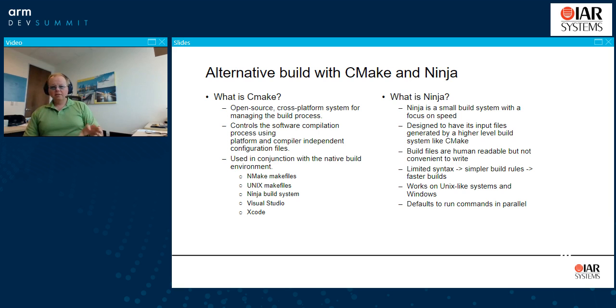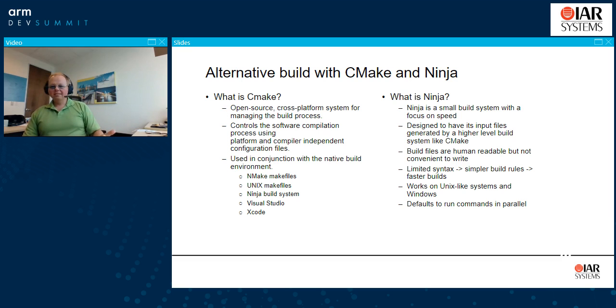It is designed, as I mentioned, to have its files and build processes spawned from a higher level build system like CMake. The build files are human readable, but not exactly obvious how you would create them from a text editor. You can figure out what's going on by reading them, but you would probably have a hard time coming up with that flow on your own.